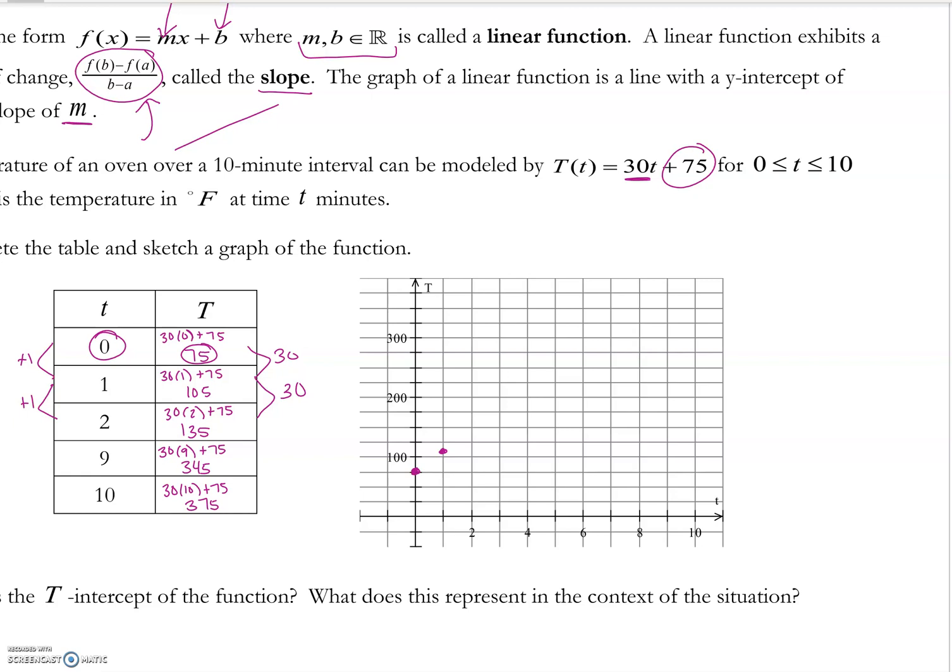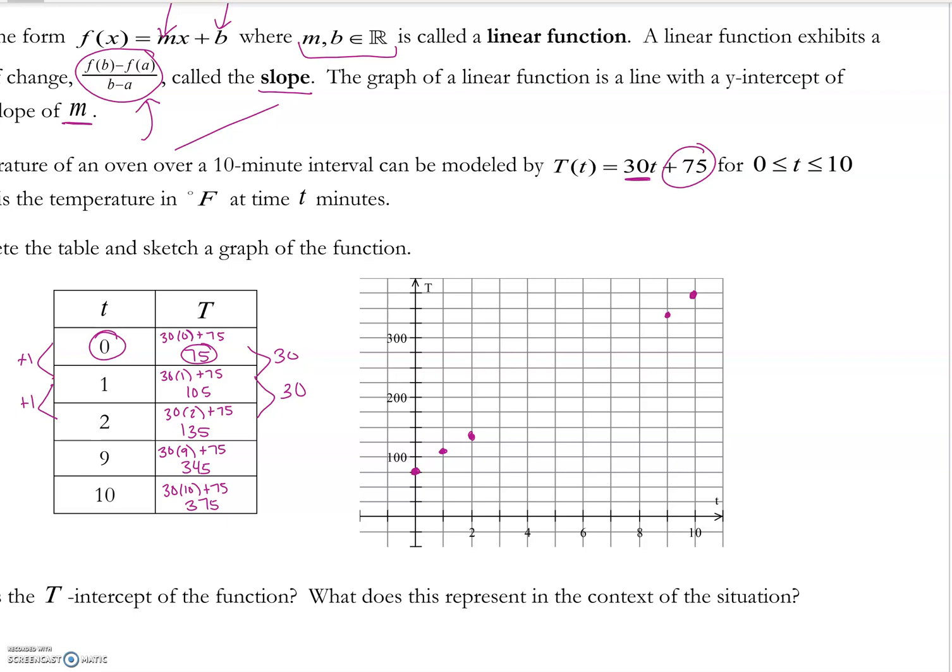So let's see, I've got 125. 135 is going to be somewhere in here. (9, 345). So here I'm at 300, 325, 350. It's going to be somewhere over here. And (10, 375). 375 is going to be here: here's 300, 325, 350, 375.